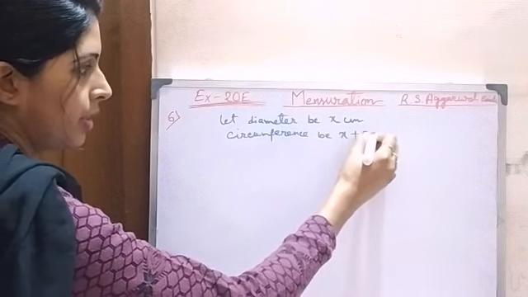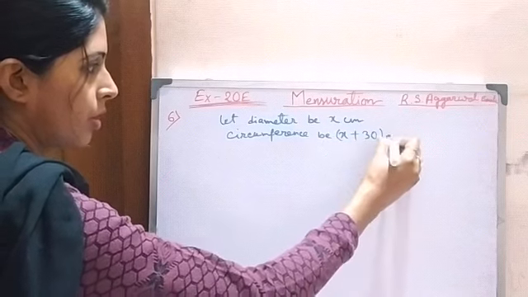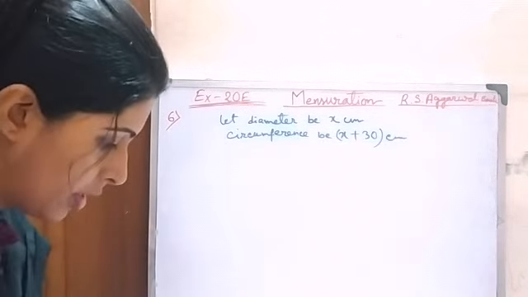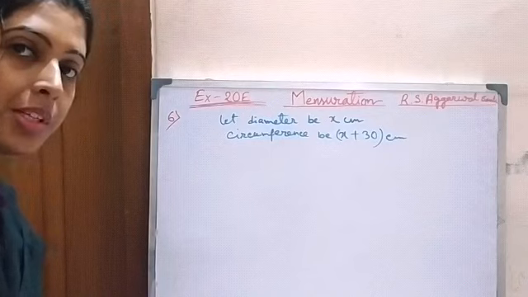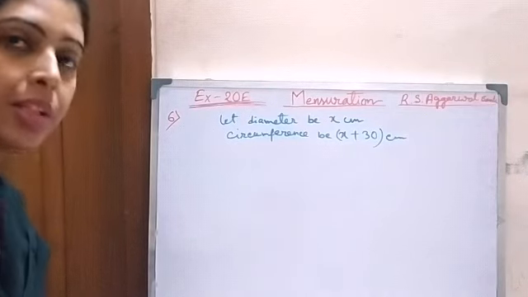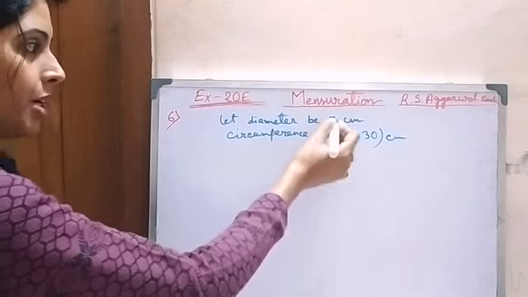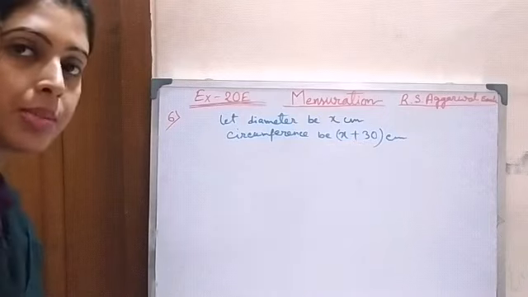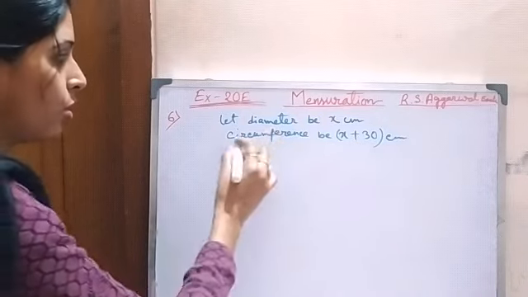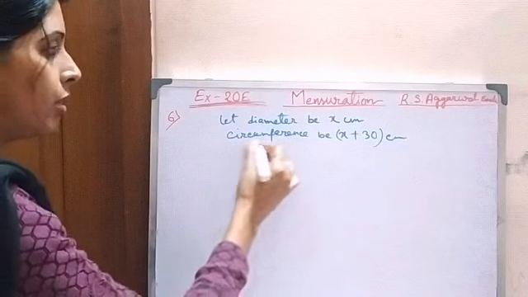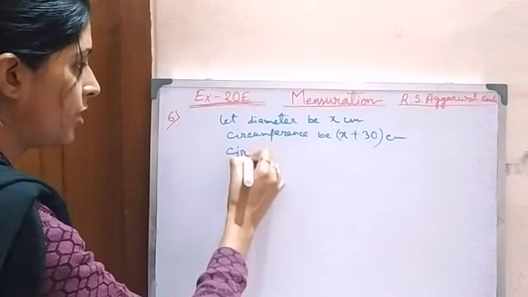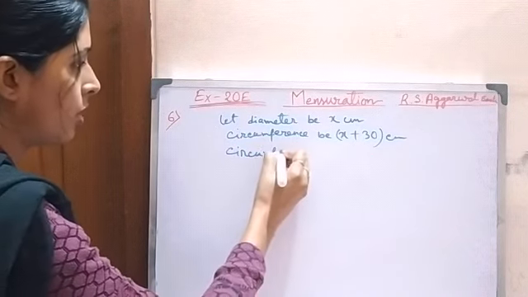x plus 30, because here it is given that the circumference of a circle exceeds the diameter by 30 centimeter. If the diameter is x, then the circumference will be x plus 30. So it should be put into the formula. Circumference formula I am writing now.